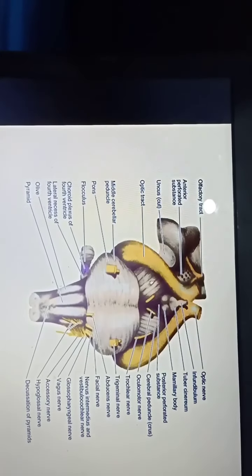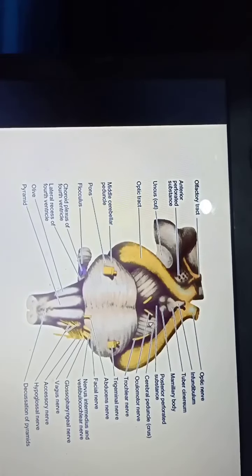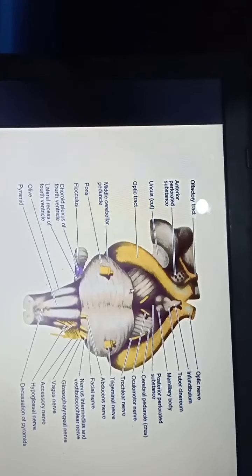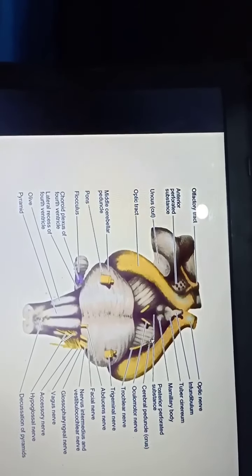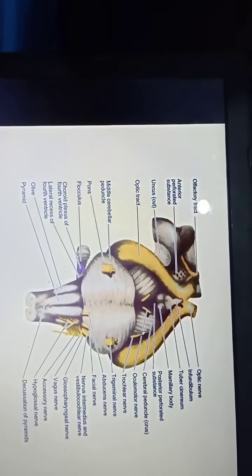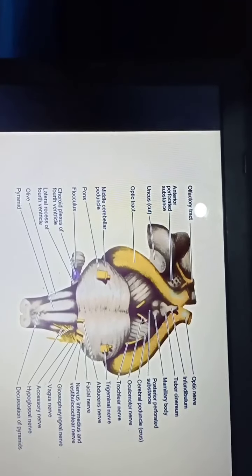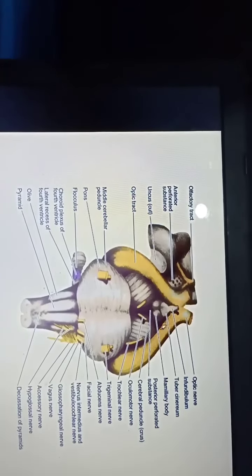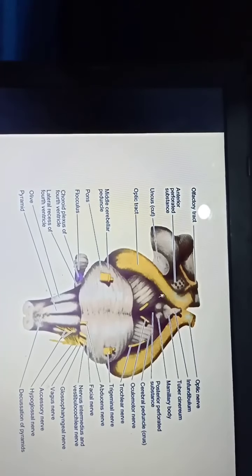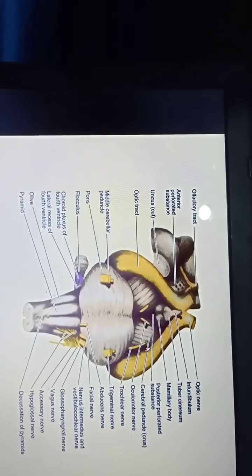This cerebral peduncle forms the caudolateral border of the interpeduncular fossa. This part is known as the interpeduncular fossa. This is the optic nerve and optic tract, which form the ventrolateral or rostrolateral border.